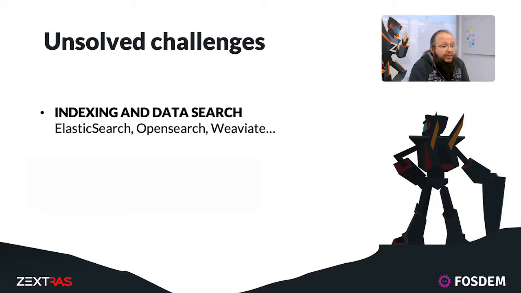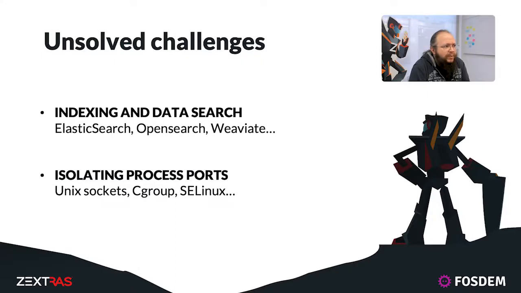OpenSearch is still too new and fast evolving, and also missing some features we think are necessary, frozen indexes for example. Weaviate is still new, and we need more scaling data to be sure it could fit our architecture. Also, we are not sure its model is a perfect fit for our needs.